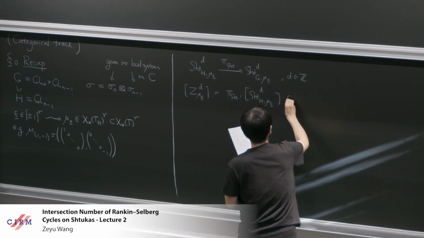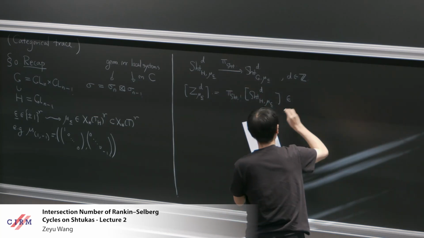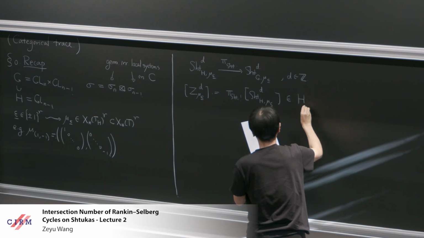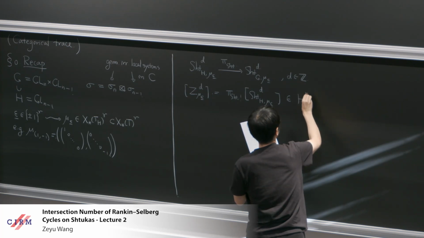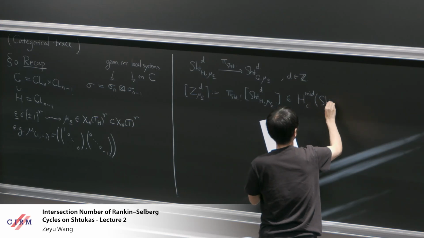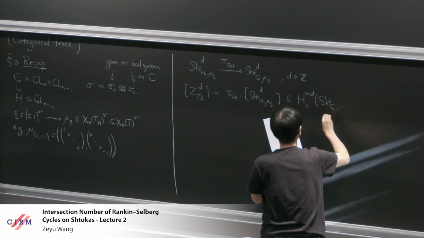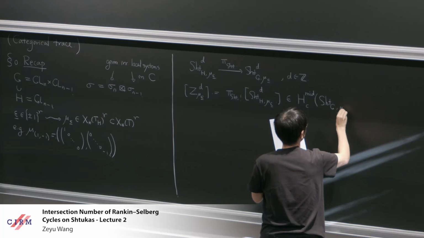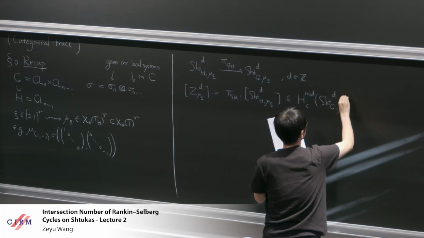And that's something true for these Shtuka moduli spaces, and it's a Borel-Moore homology class. So that's equivalent to say it's a dual vector in the compactly supported cohomology of Shtukas.